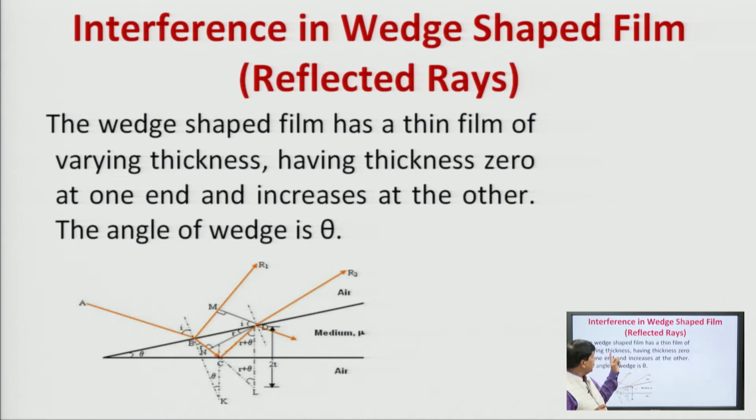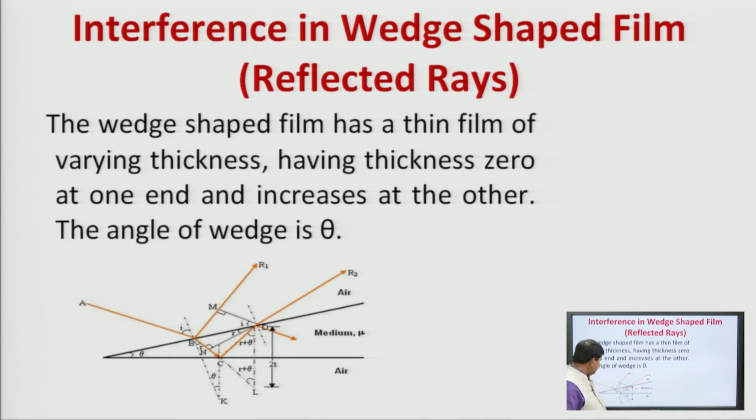Interference always requires coherent sources. In thin film interference, coherent sources can be produced either by the phenomenon of reflection or by the phenomenon of transmission. We are studying here interference in thin film, wedge shaped film, by reflected light.